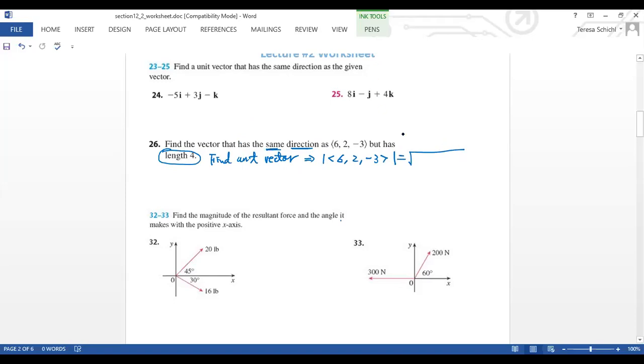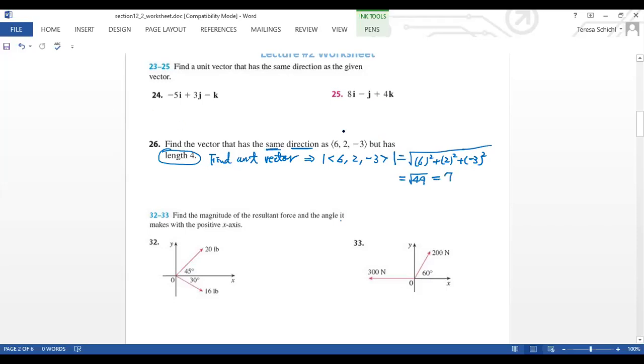You square each component, that's the Pythagorean theorem, remember? So 6 squared plus 2 squared plus -3 squared gives 49. The square root of 49 is equal to 7.